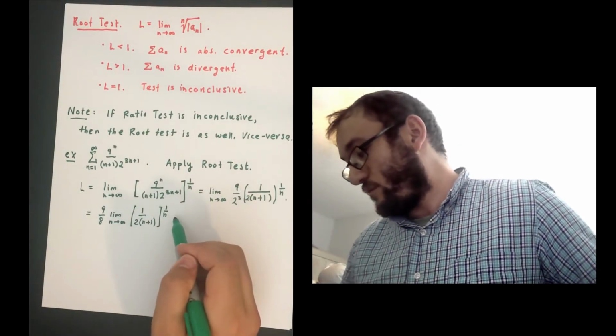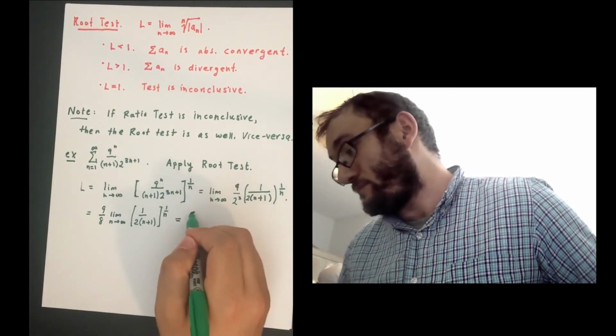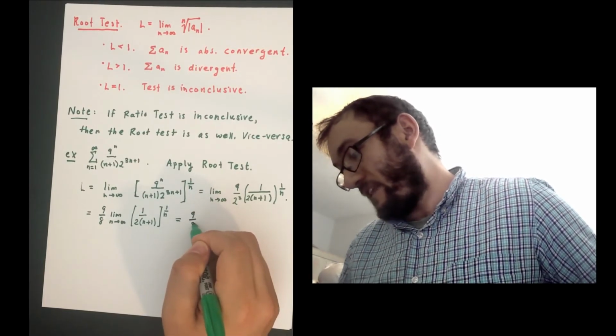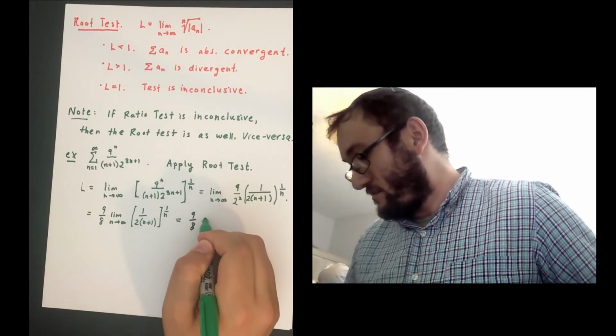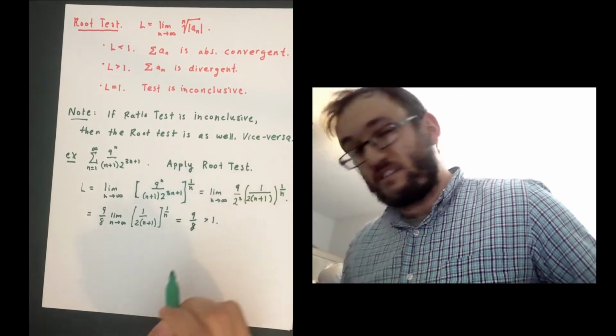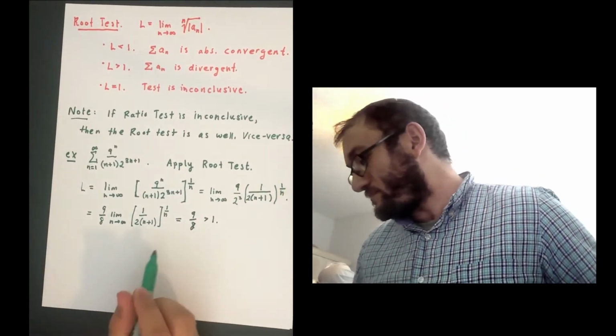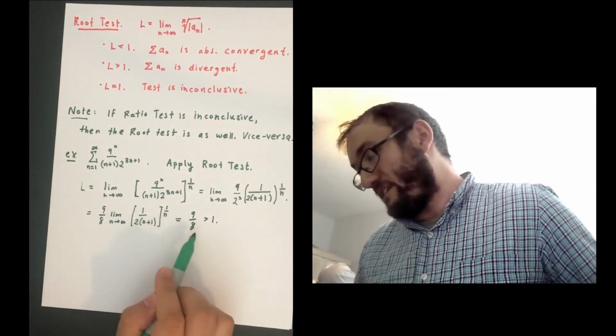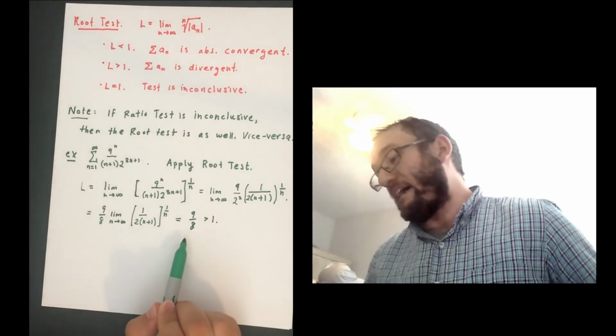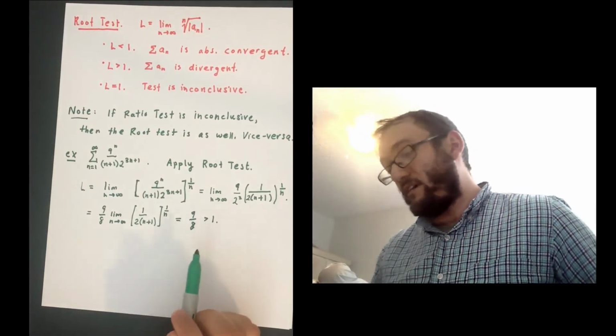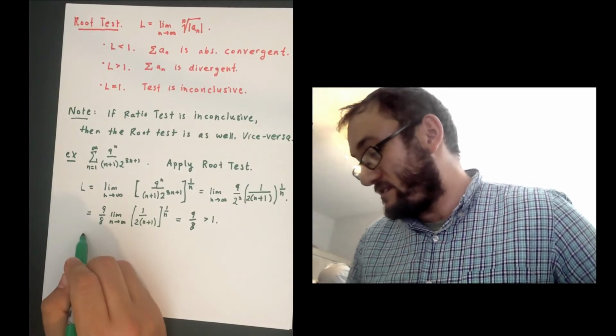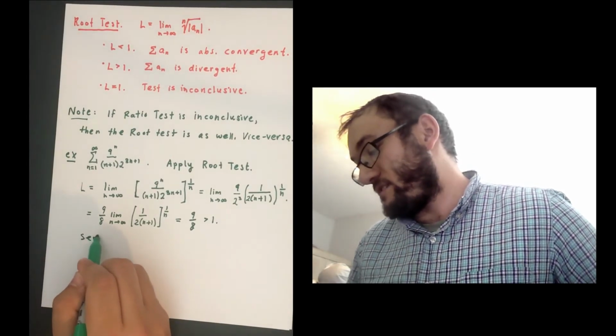This limit will end up being equal to 1. That needs a little more justification, which I'll leave for you to do. But when you complete the test, you find that L is equal to 9/8, which is greater than 1, and that tells us that the series diverges.